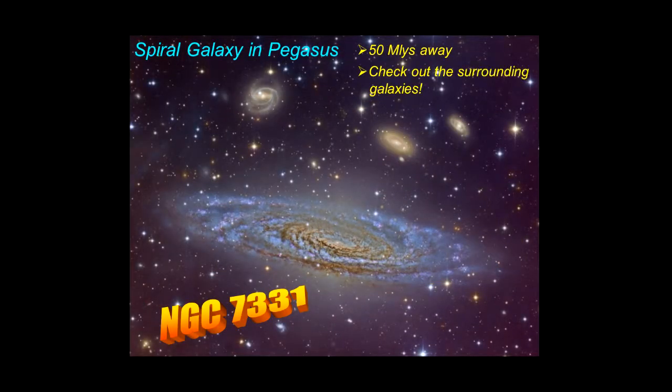We have the spiral galaxy in Pegasus, 50 million light years away. The surrounding galaxies are just really incredible in this image. And the galaxy itself, NGC 7331, look at the tremendous amount of gas and dust that's part of this spiral galaxy.